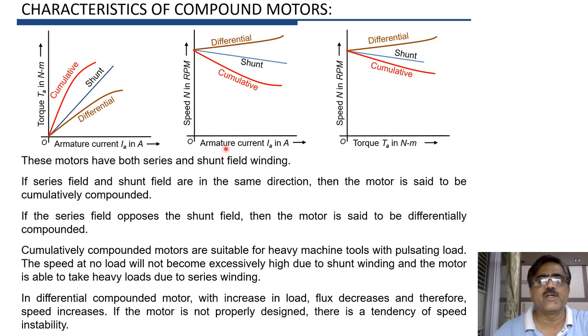So as we increase the load, there is reduction in flux, and therefore there is increase in speed, and therefore the motor may become unstable if the motor is not properly designed, because in this case, as we increase the load, speed of motor goes on increasing instead of decreasing.